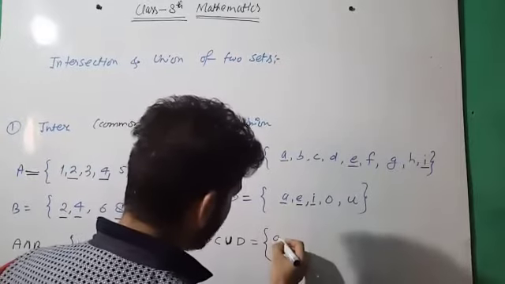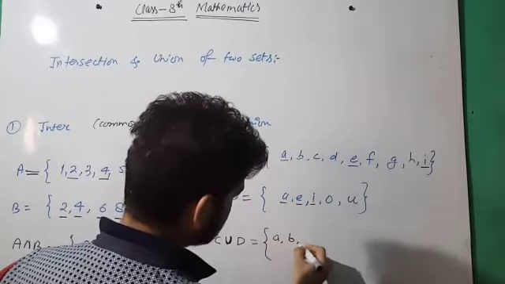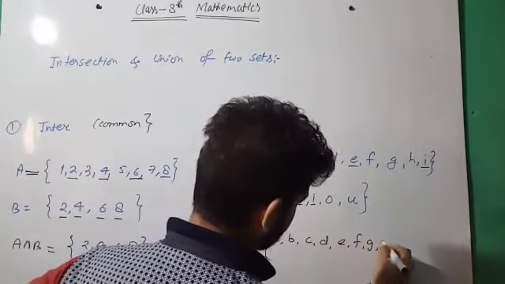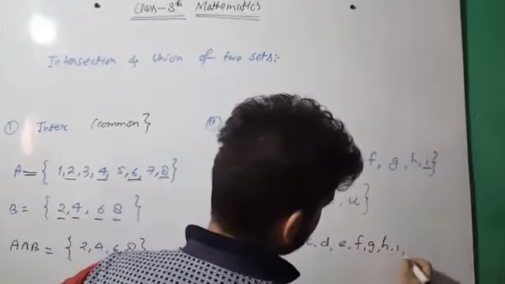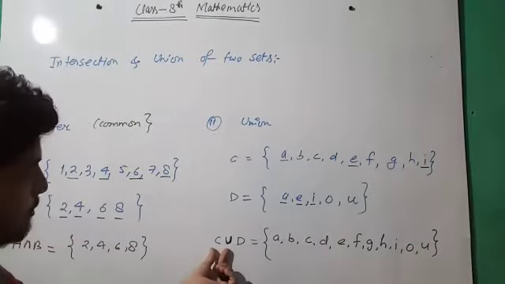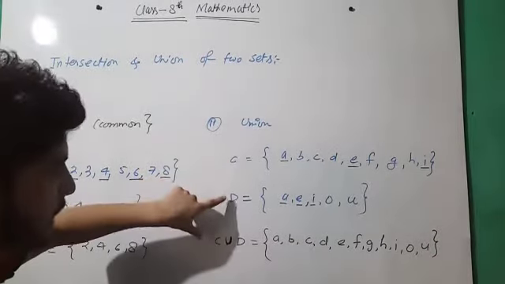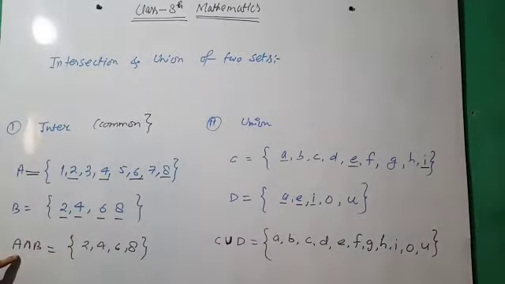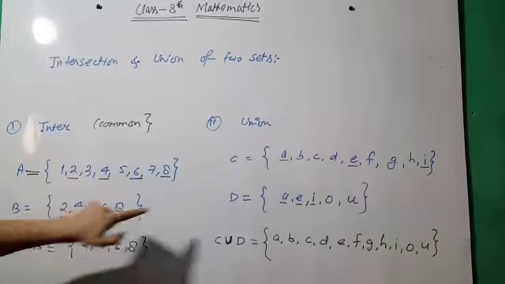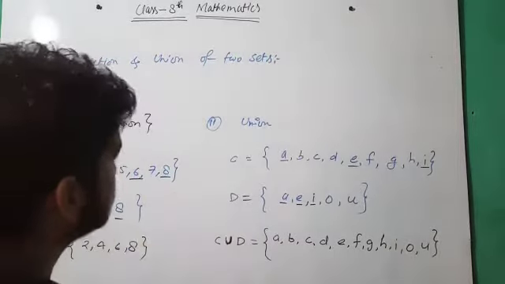So we have elements A, B, C, D, E, F, G, H, I, O and U. Yes or no? These are the elements of union of C and D, and the earlier ones are the elements of intersection of A and B. A and B means common part, and C and D means union, meaning the whole part.